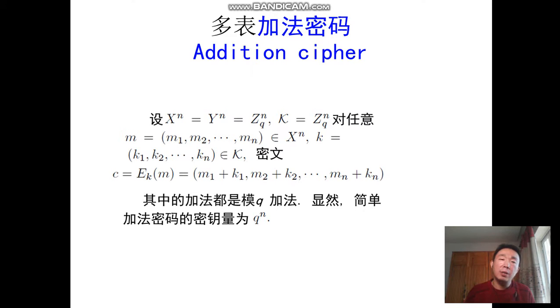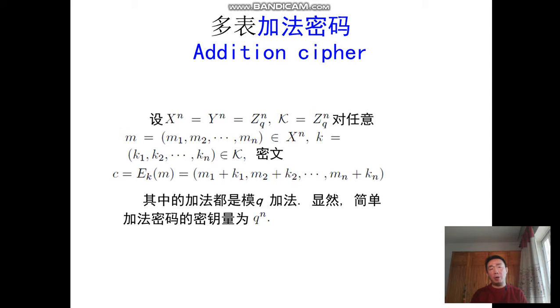When the length of a block is 5, we get 26 to the 5th power possible keys, because we can select k1, k2, k3, k4, and k5 independently, and every key has 26 possibilities. So in total we have 26 to the 5th power possible keys.